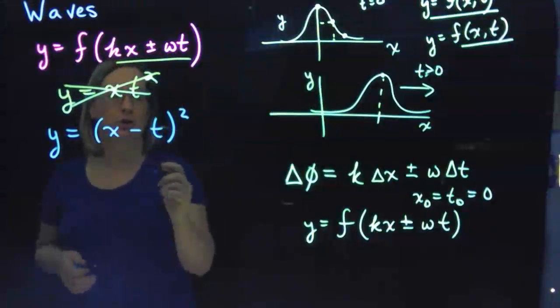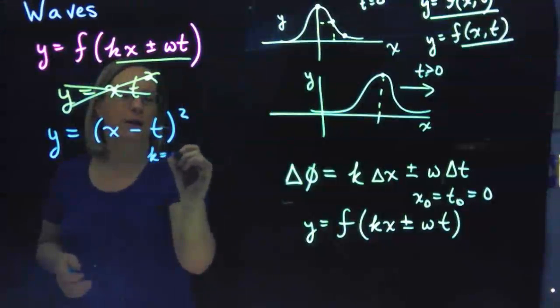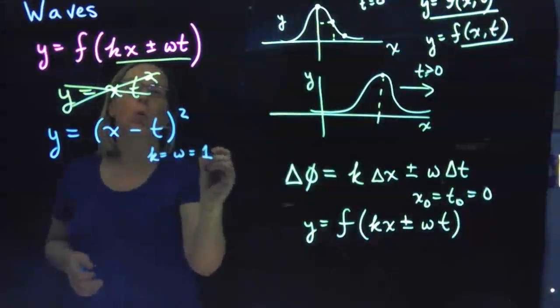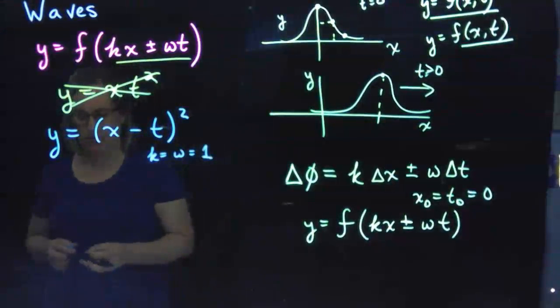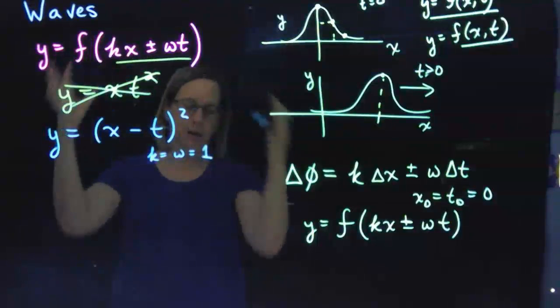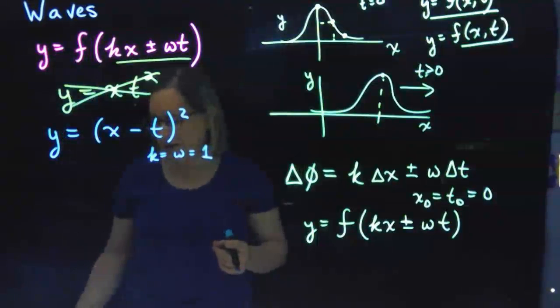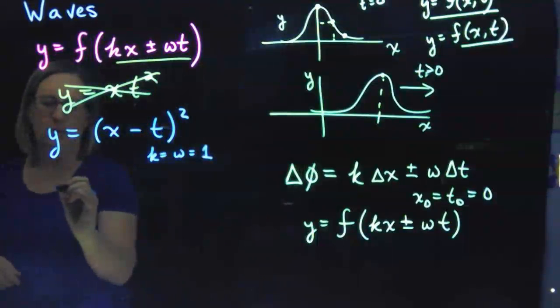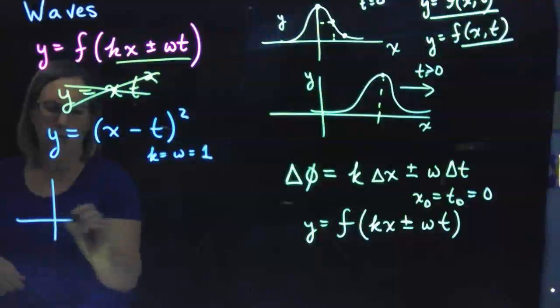It has this functional form where we've set k equal to omega equal to 1. You can see it's of this form. It's a function that is of x minus t, and then quantity squared. So let's see what this might look like. Turns out not to be a particularly useful wave.